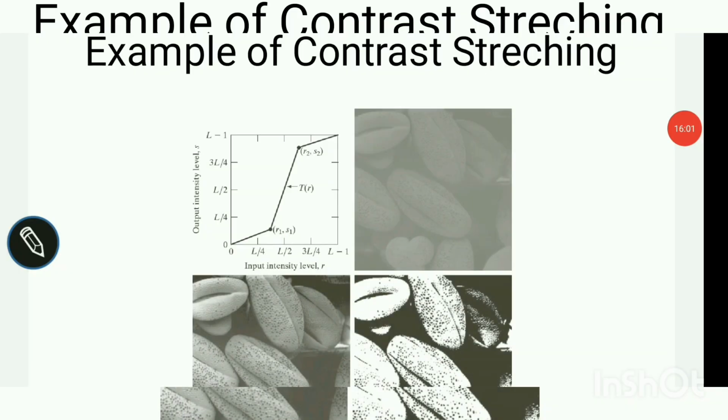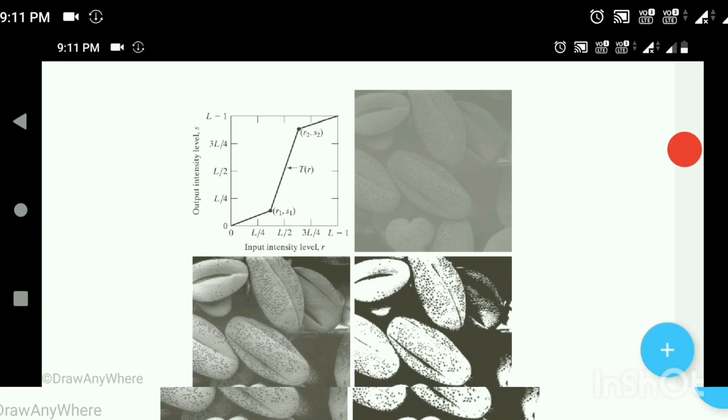Here the first image is the original, the second is the low contrast image, the third is the result of contrast stretching, and the fourth is the result of thresholding.